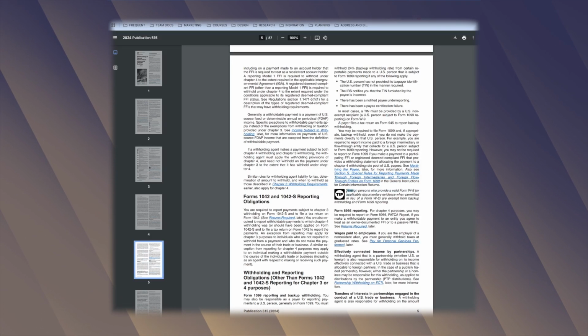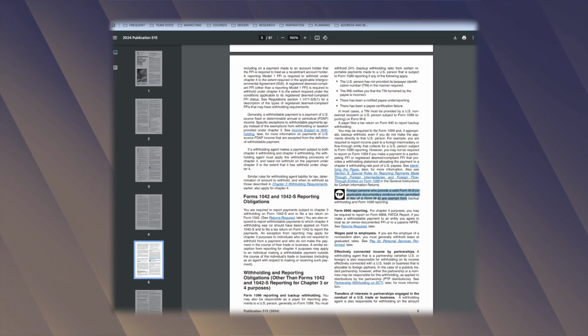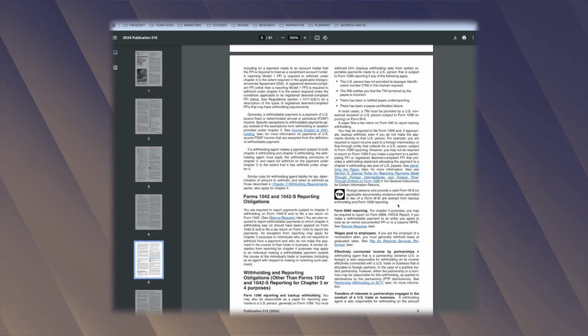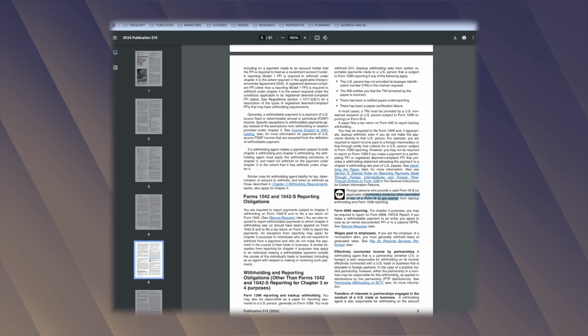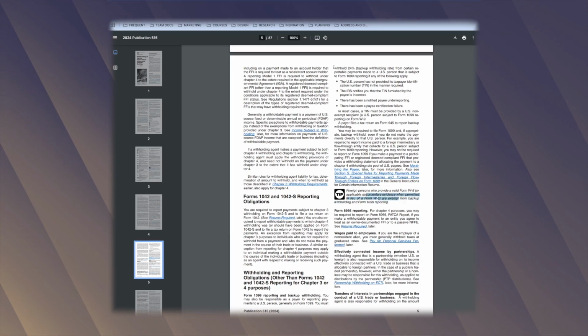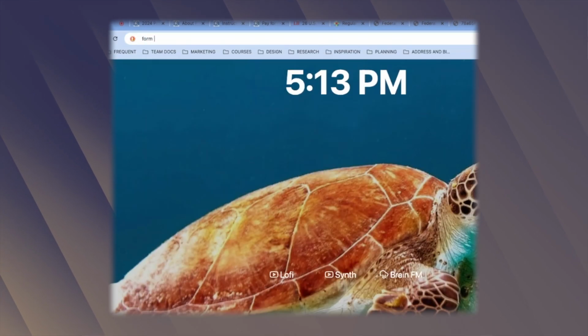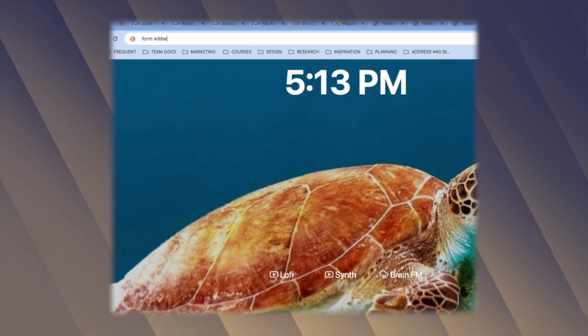Now let's go back down here. Foreign persons who provide a valid Form W-8 or applicable documentary evidence when permitted in lieu of a Form W-8 are exempt from backup withholding and Form 1099 reporting. So if you're paying, and this is really important, send this to your American client. We looked at this first. You have an LLC, it's disregarded, so it goes back to you. So that means that you have to file a Form W-8BEN.